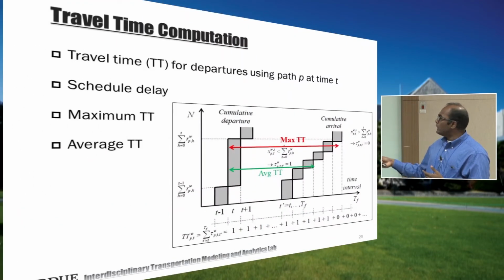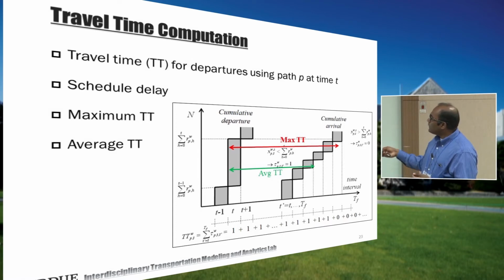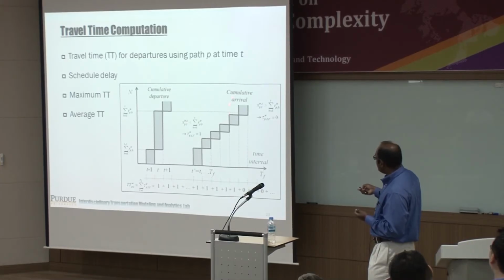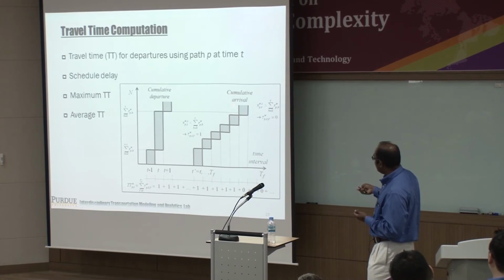So we look at the cumulative departures on any given path. So this is a path-based model. We look at each path in the network, the cumulative departures, and then the cumulative arrivals at whichever point of interest it is at the destination, right? And when you look at the difference between these two, this endpoint to this endpoint would give you the max travel time, whereas if you just look at the average, you can come up with somewhere here, right?